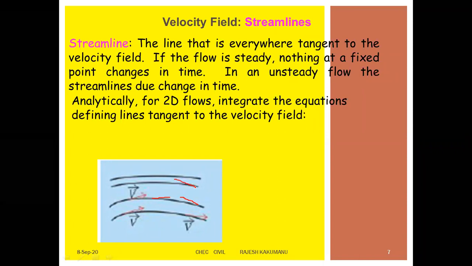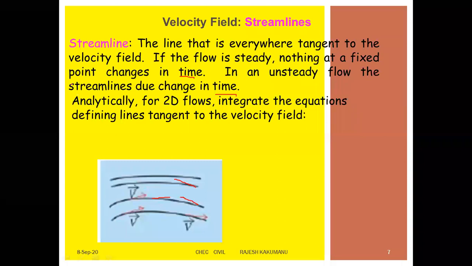If the flow is steady, nothing at a fixed point changes in time. But in an unsteady flow, the streamlines change in time. In unsteady flow, the streamlines change according to the time.